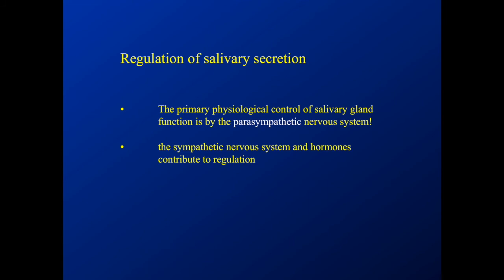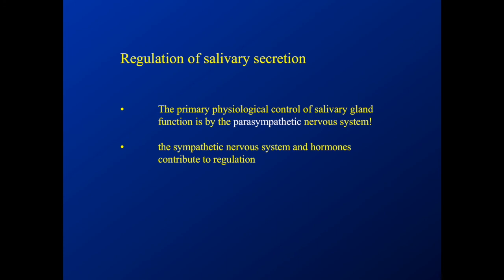The regulation of salivary secretion is innervated by both parasympathetic and sympathetic nerves. The primary physiological control of the salivary glands is by the parasympathetic nervous system, and this will begin a large secretion of saliva from the different glands.